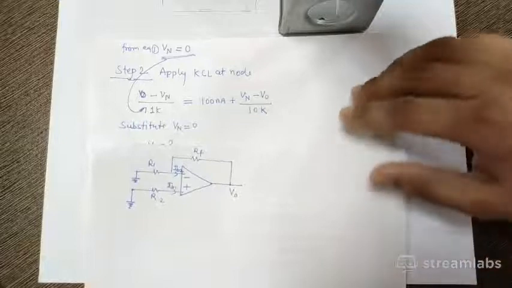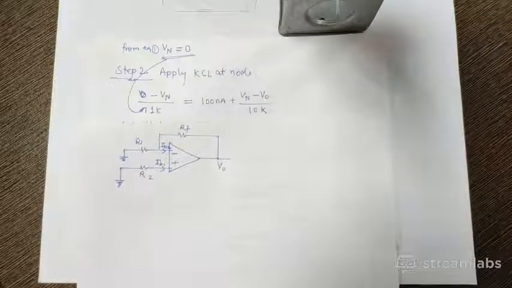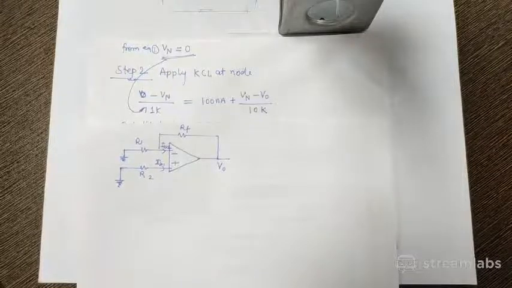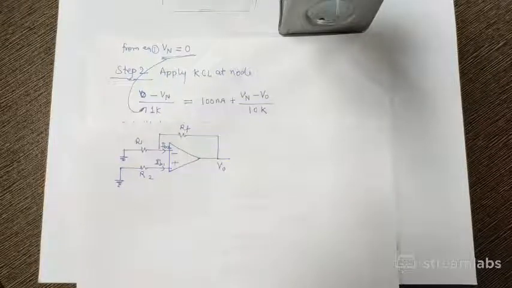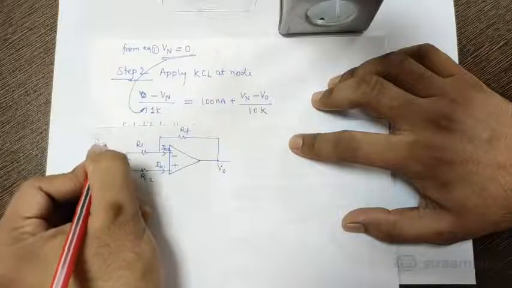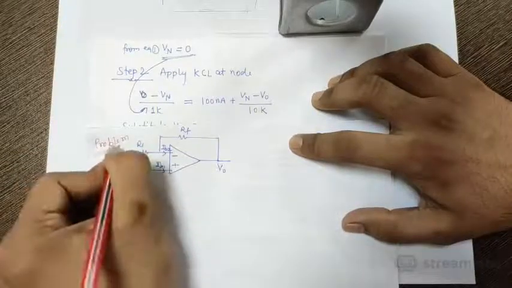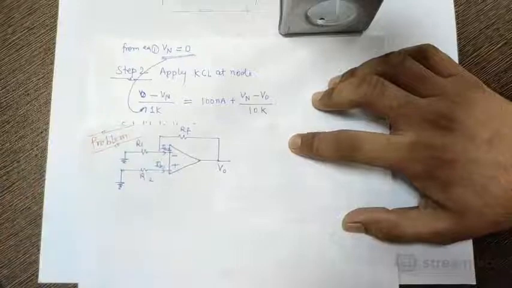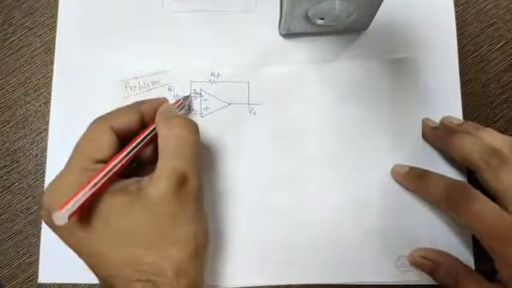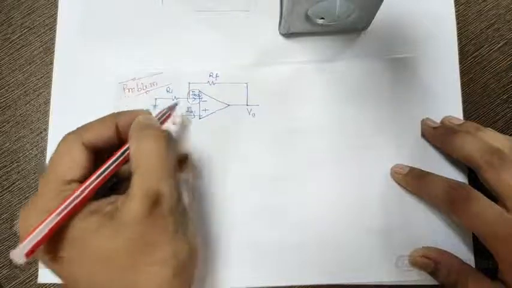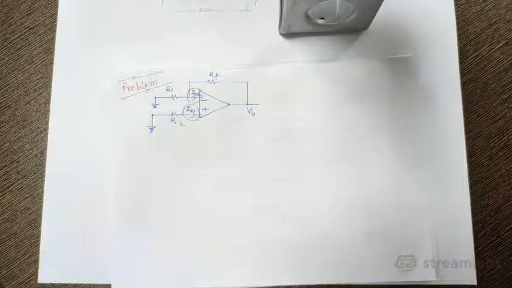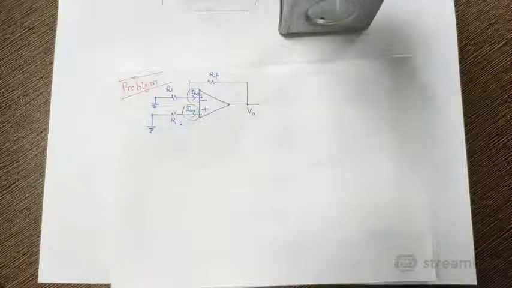Let us see what is the equation of output voltage. Process will be same. This is the next problem. Here the IB1 and IB2 usually we take 0, but in this problem, as these are mentioned, therefore we have to consider them.